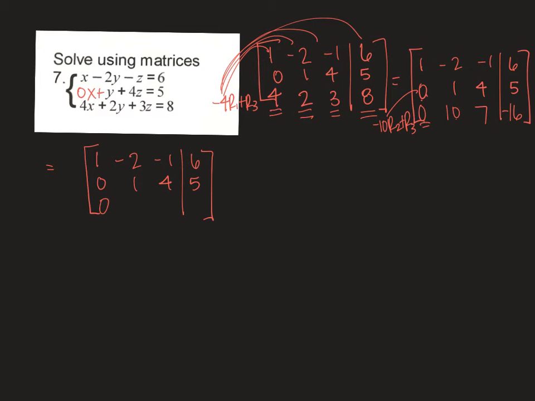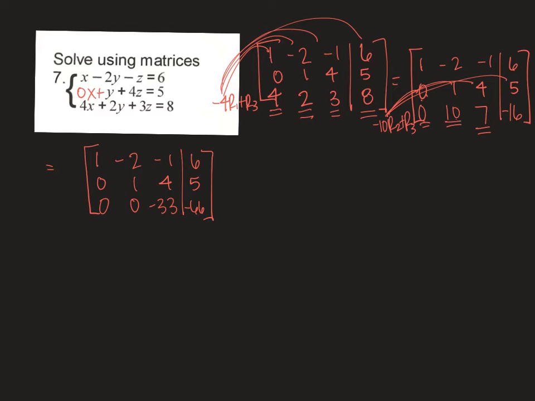I didn't want that to change, so that's good. -10 times 1 is -10 plus 10 gives me 0. -10 times 4 is -40 plus 7 is -33. And -10 times 5 is -50 plus -16 is -66.